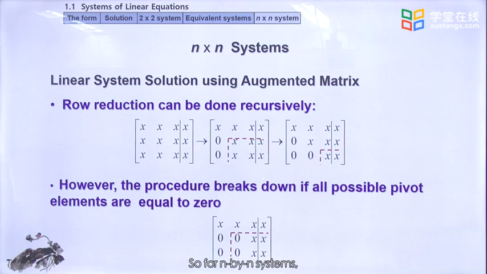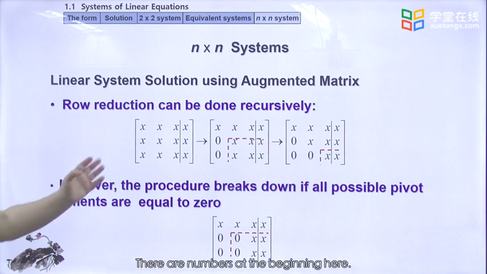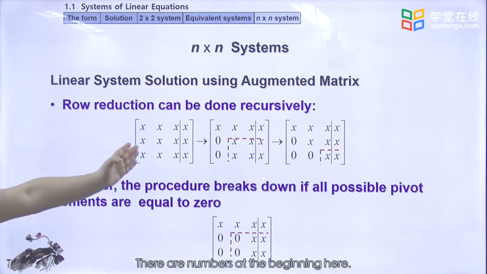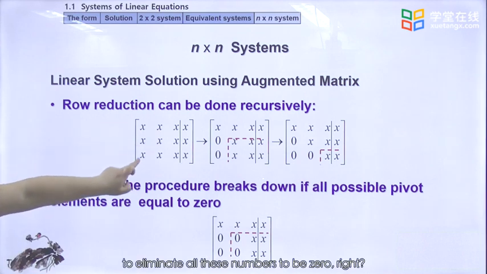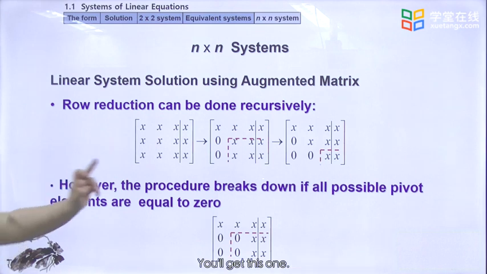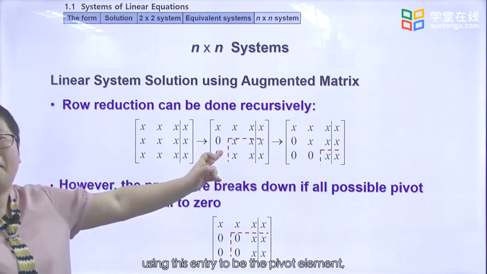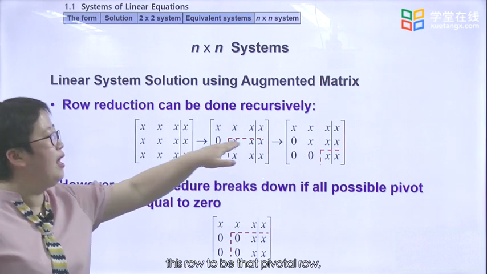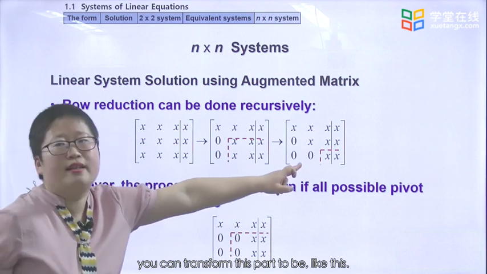So for n by n systems, we can solve those systems using the augmented matrix. The row reduction can be done recursively like here. There are numbers at the beginning, and in the first step, you use this number to eliminate all these numbers to be 0. You'll get this one. In the next step, using this entry as the pivot element and this row as the pivotal row, you can transform this part to be like this.